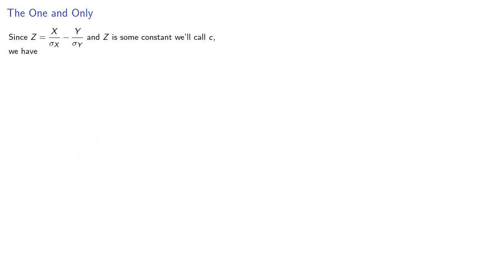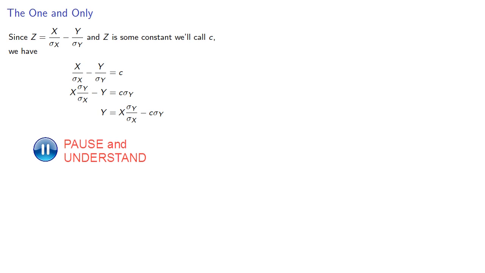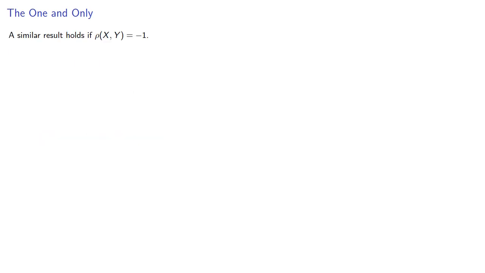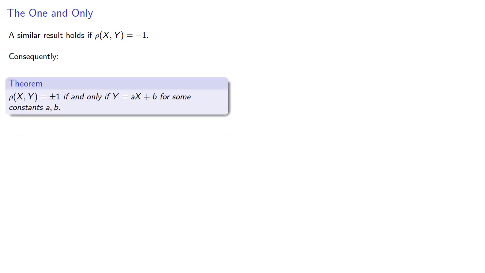So, since z is this difference, and z is some constant we'll call c, then we find, and so y is some linear function of x for some constants a and b. A similar result holds if our coefficient of correlation is negative 1, and so we can conclude that the coefficient of correlation is plus or minus 1 if and only if one variable is a linear function of the other.